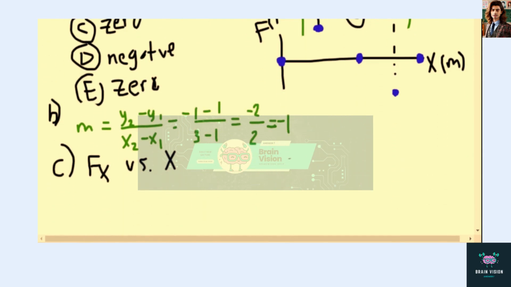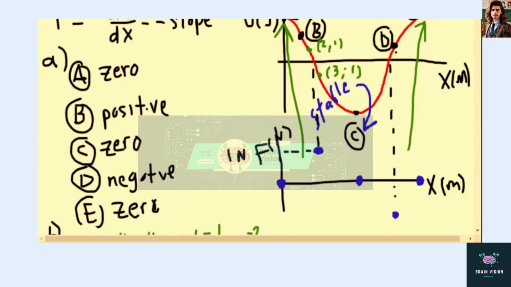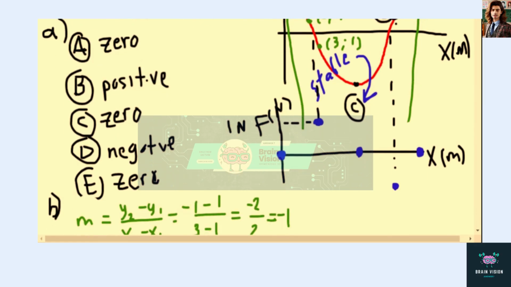So the opposite of the slope is going to be +1. I'm saying that this maximum right here is about 1 newton. The minimum force, since the slope doesn't look quite as large in magnitude, is going to be a little bit less than -1 newton.